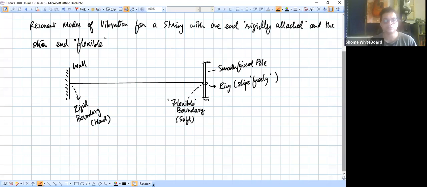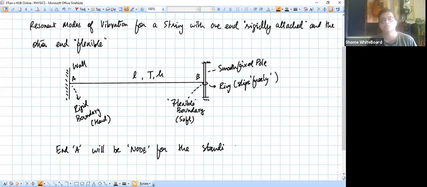So the string's length is L, the tension in it is T, and the mass per unit length is mu. So the end A will be a node for the standing wave pattern, whereas the end B will be an antinode for the standing wave pattern.